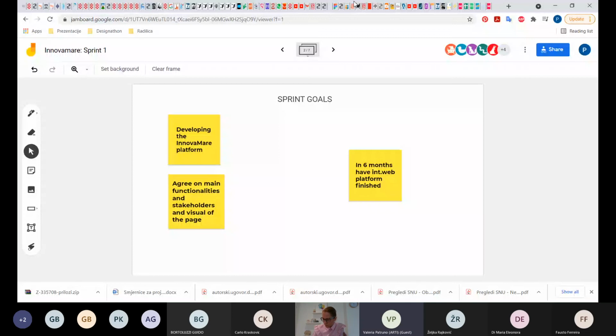This is a platform that could be particularly useful for the implementation and the results of the project. So I think there are lots of things that could be hosted in this platform, and that is something we should take into account.